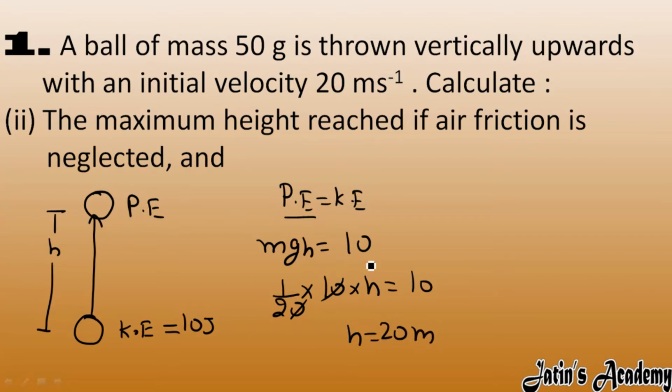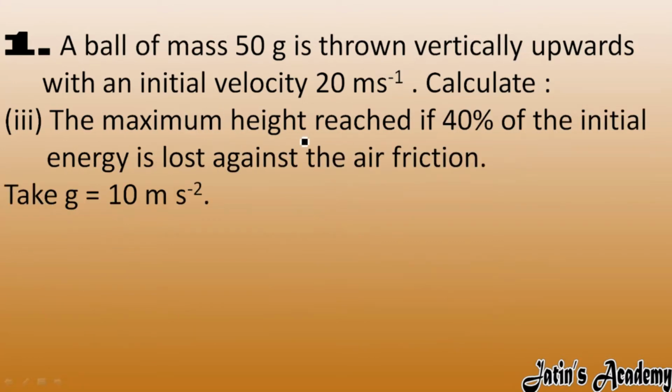It means that the maximum height reached when air friction is neglected is 20 meter. Next we have the maximum height reached if 40% of the initial energy is lost against the air friction. What is the meaning of this? Carefully see. For example, we have given some energy, and some energy is lost in the air friction.